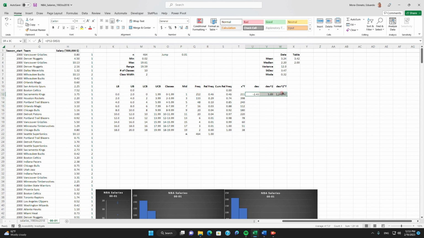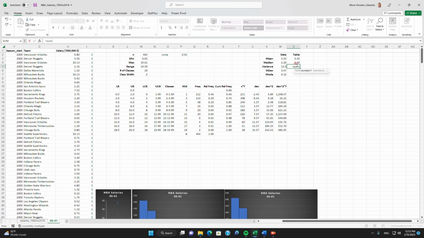Now I copy that formula down to all my rows here. And then the variance is going to be adding all these and dividing by n minus 1. So the sum of the squared deviations times the frequencies, divided by sample size minus 1.